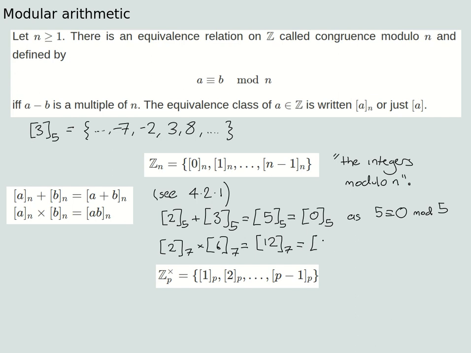And in fact, this will be equal to the equivalence class of 5 modulo 7 because 12 is equivalent to 5 modulo 7. The difference between 12 and 5 is a multiple of 7, and therefore they're congruent mod 7, so they have the same equivalence classes under the equivalence relation of congruence modulo 7.